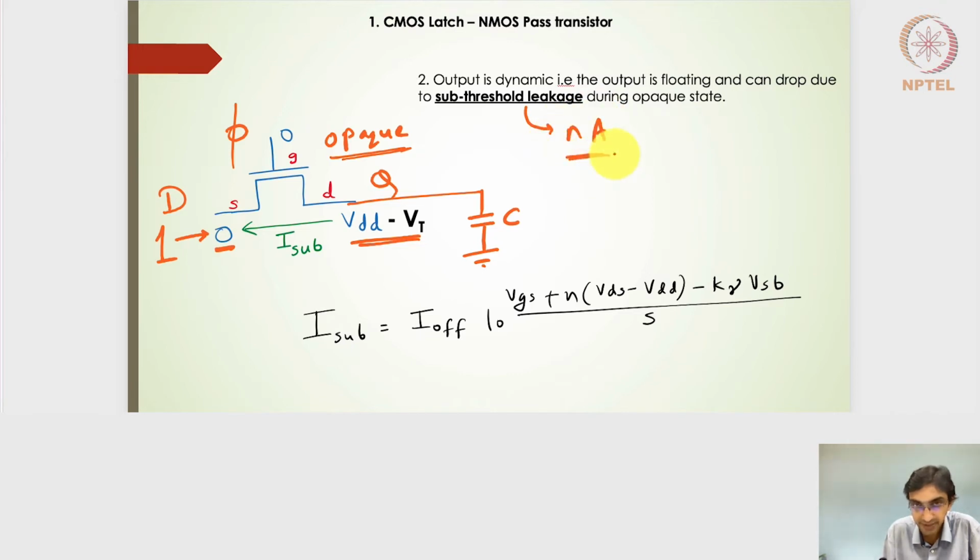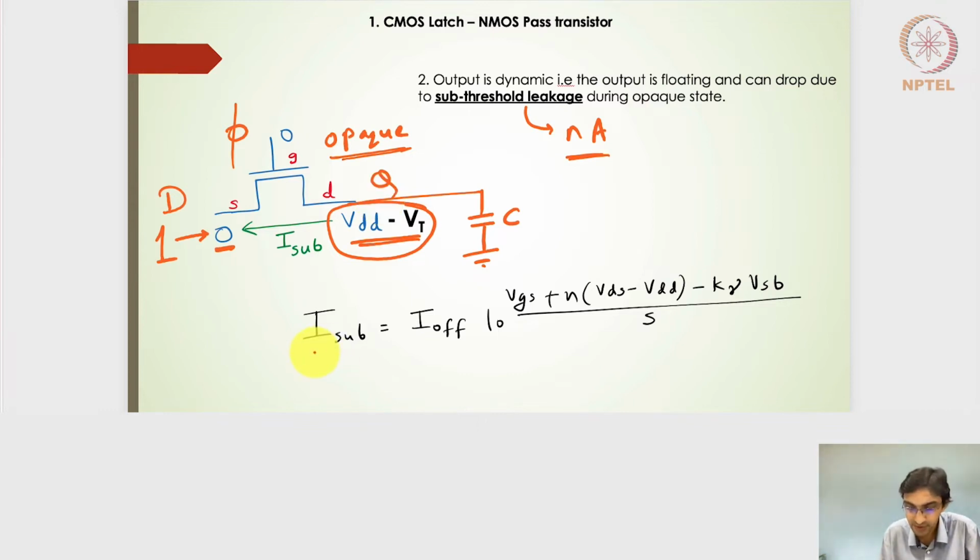Although it will be nanoamperes, a small amount of current will be going back from drain to source. So there is a possibility of a drop in the VDD minus VT voltage.